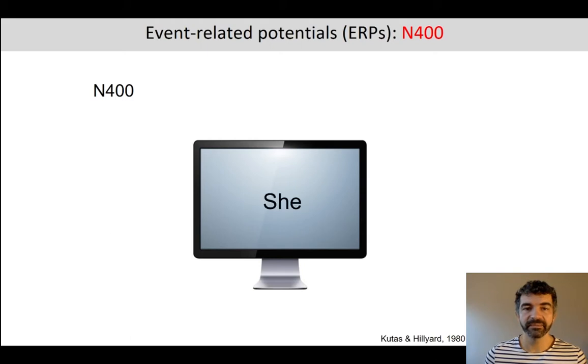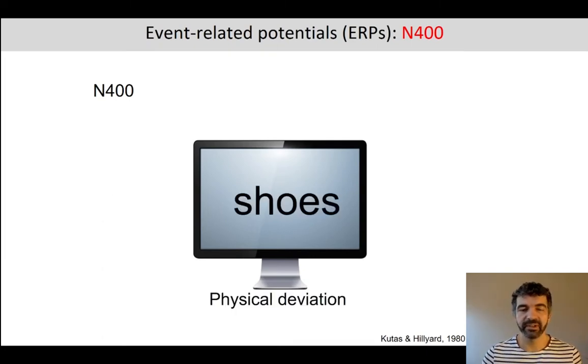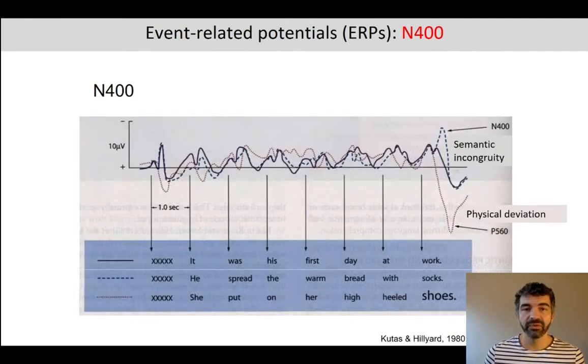Last example. So here you can see a physical deviation. The last word was just larger than the previous words. So how does this affect the EEG signal, and what does it tell us? So here you can see one trial with the onset of individual words.